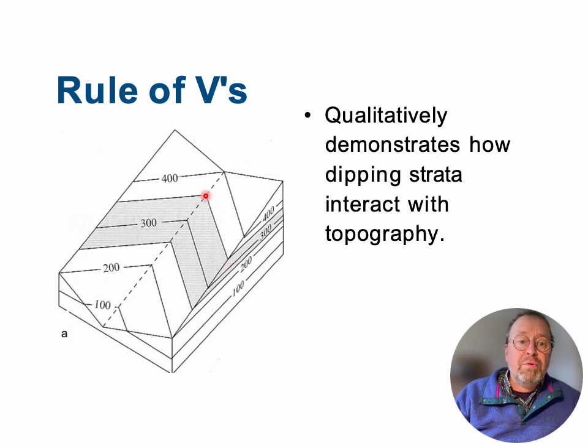It doesn't go up or down the hill, right? So we have a valley here in the topography, and we have this outcrop pattern, which on the map looks like a V, but we can also see that it's essentially flat. It has to be flat, otherwise it wouldn't be parallel to the topographic contours.